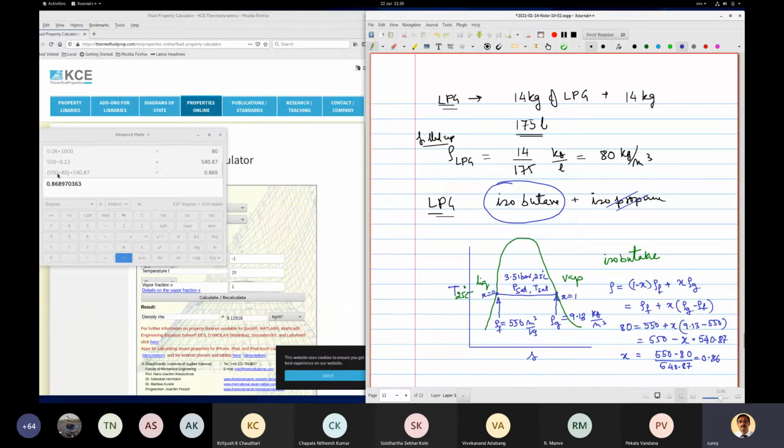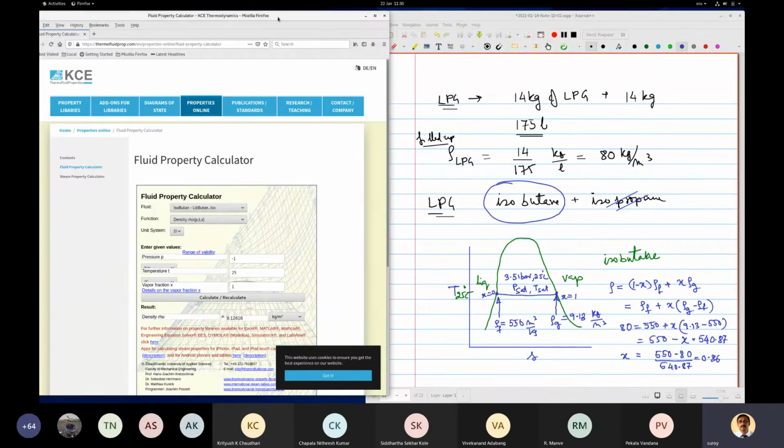So let us do the calculation again, whether it's right or not. 14 kg by 175, into 1, okay, 80, it's fine. So x equal to 86. So let us check here. If I put x equal to 0.86, more or less, let us see.